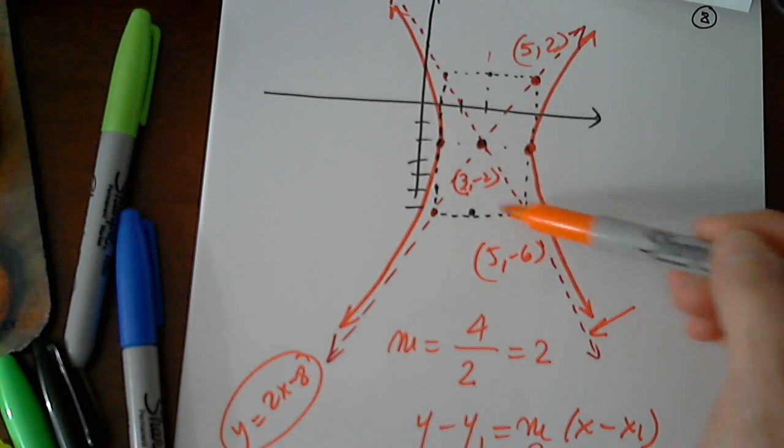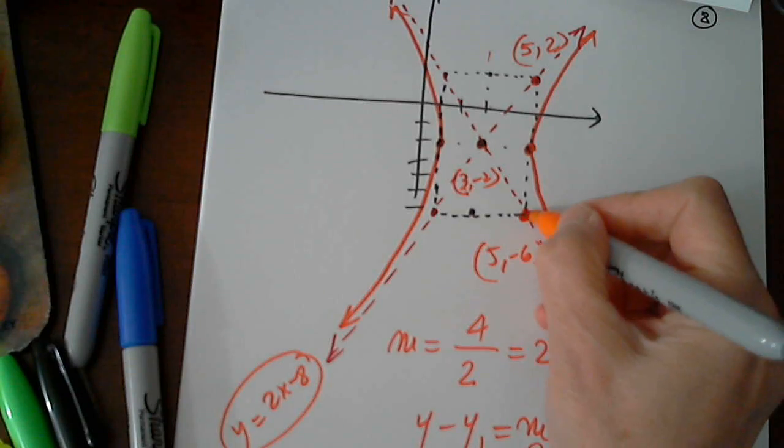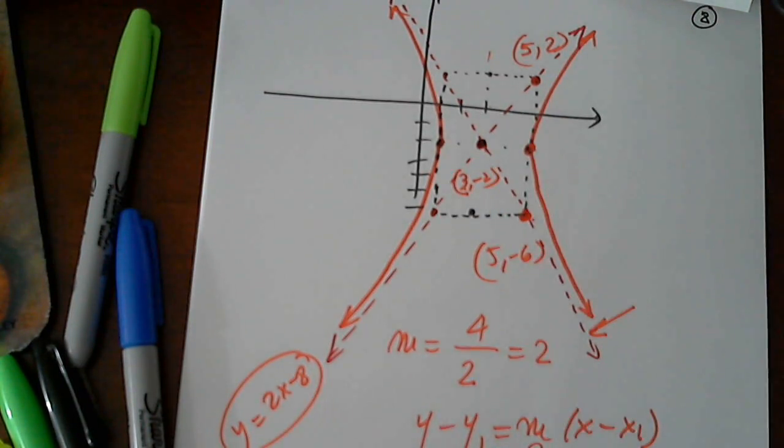So (3, -2), (5, -6), correct? So from these 2 points, you can determine the equation of the other asymptote. Or you can use the formulas.